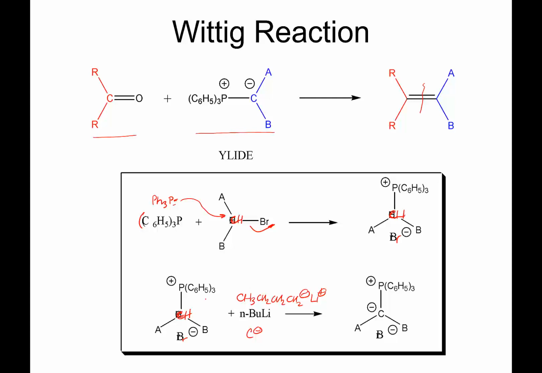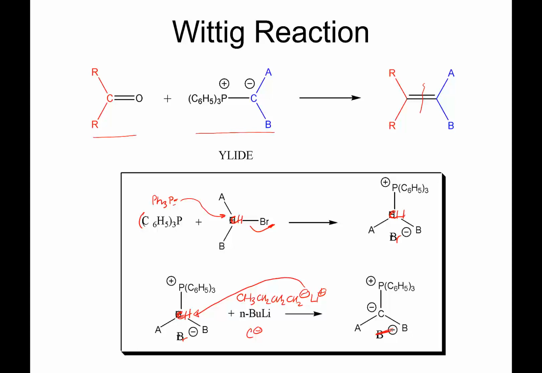But the C minus will come in, and the C minus will deprotonate that CH, leaving you with a C minus. Okay. So first we had the triphenylphosphine, and then I deprotonate the carbon to make this that now has a plus charge on the phosphorus and a minus charge on the carbon.